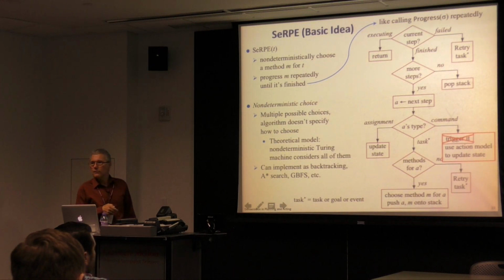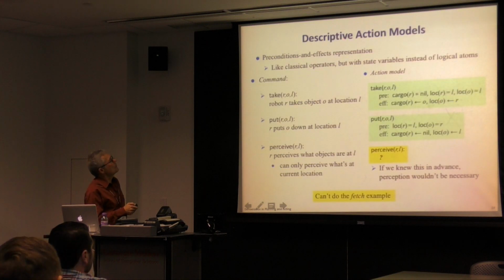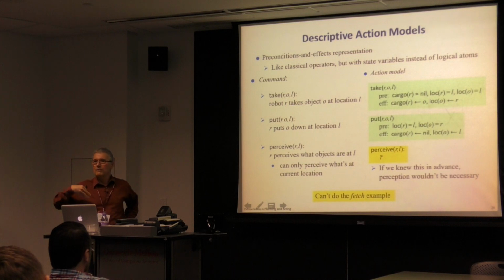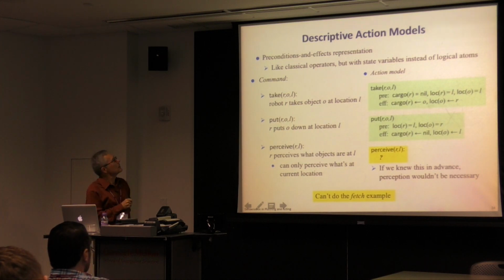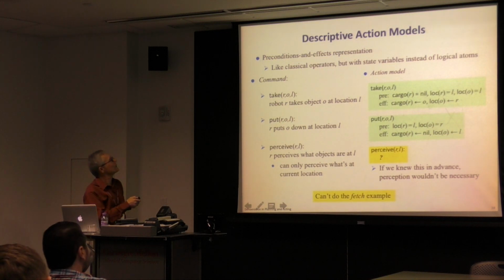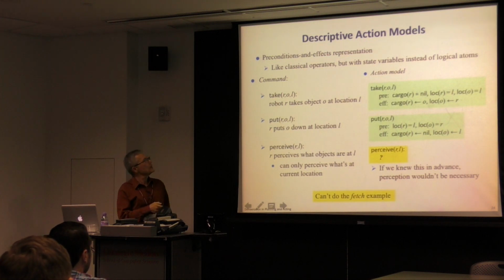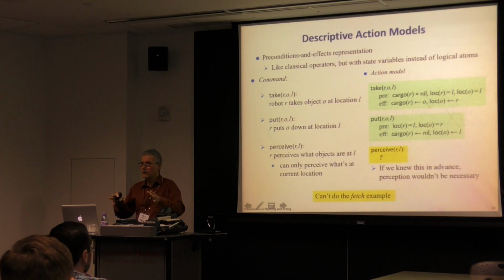Okay, so I'll give you an example of this. Let's take the things that we used for Ray making the search earlier and write descriptive action models for them. We're going to run into a problem, and it's already written on the slide, and I'll get to it in a minute. We're going to use precondition and effects representation, just like classical planning operators, except we're going to use state variables, of course, instead of the logical atoms. Okay?